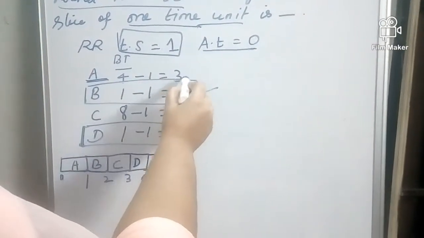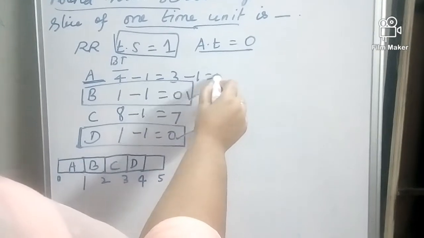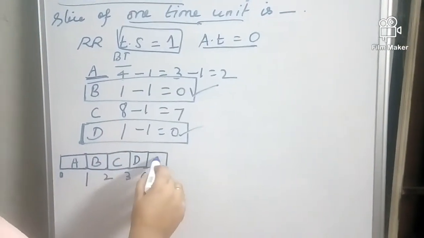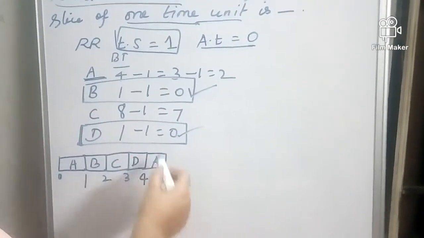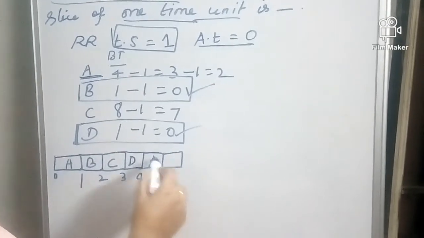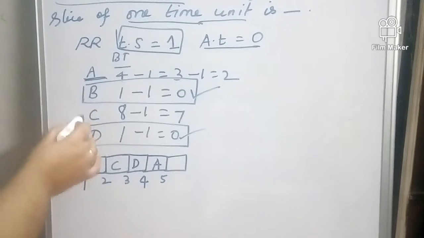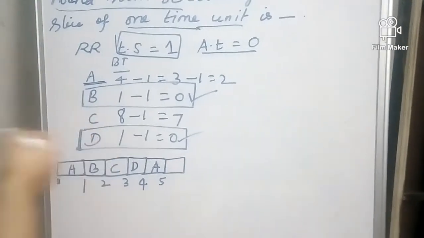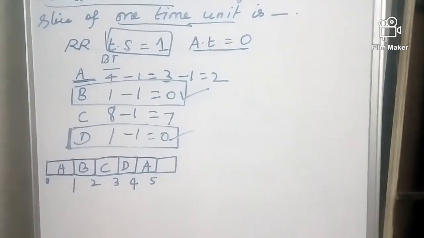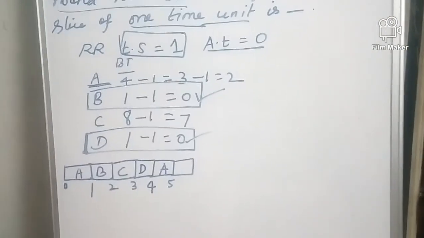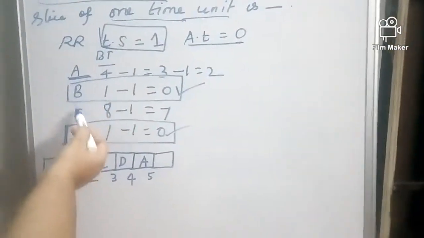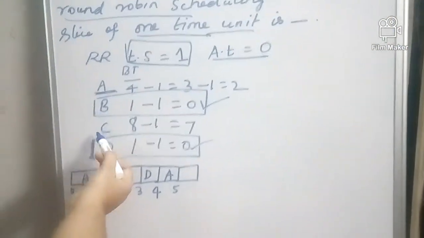Here 3 minus 1 is equal to 2. Now only two processes are left, A and C, because B and D completed their tasks and left the CPU.